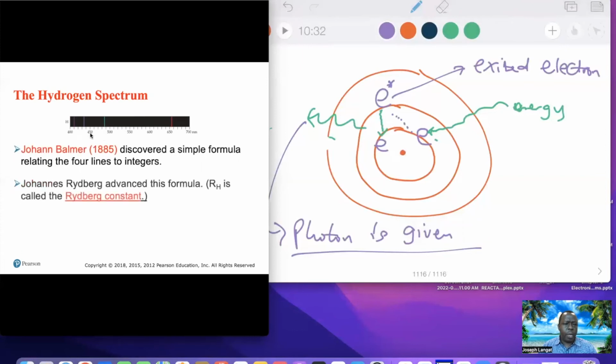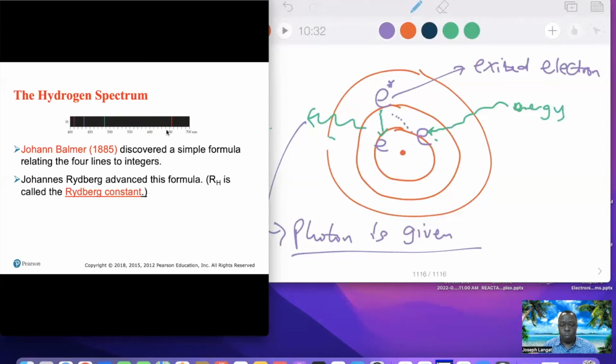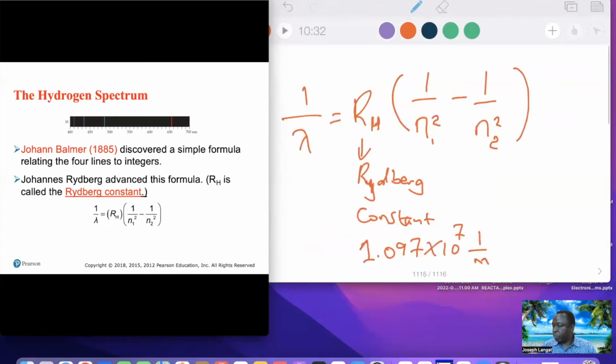Now, we can calculate the wavelength. Maybe this is around 390, maybe this is 5 something, and this is around 6. We can plug that into this equation right here.